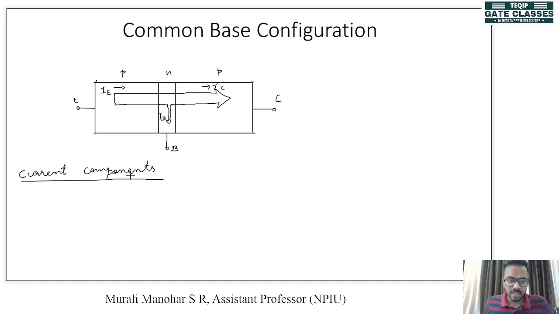Okay, so the first thing is, we know that the major part of IE is due to holes, right? But there are also electrons in IE, so there will be an electron current here also.